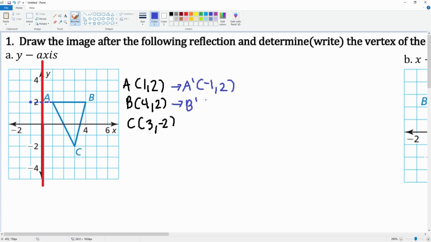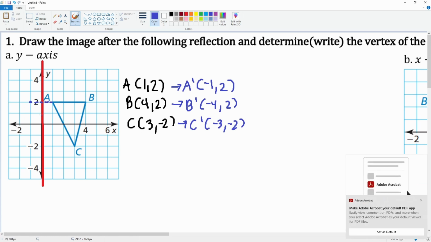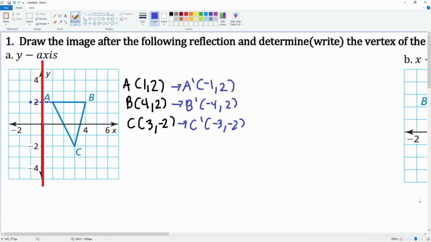So B prime is going to be -4, 2. And then C prime is going to be -3, -2. So it's here. And then it is going to be super far there, and then here. It should look something like this.